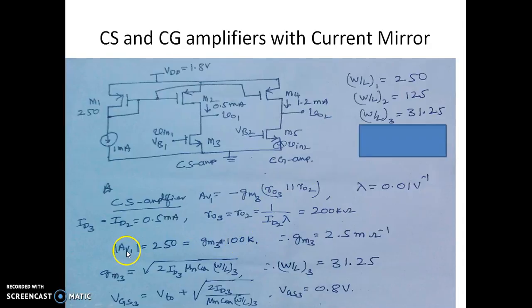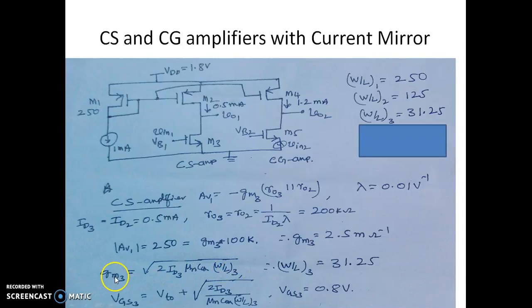So we can find out gm3, the transconductance required to have a gain of 250 for this CS amplifier. The magnitude of the CS amplifier gain is nothing but gm into r03 in parallel with r02, so we can find out the required value of the transconductance. So gm3 happens to be 2.5 millisiemens. We can equate this gm3 to the root of 2 ID3 mu Cox into W by L of 3.